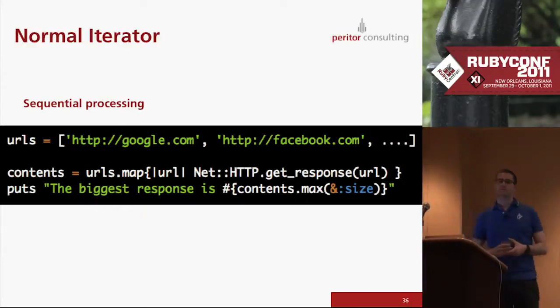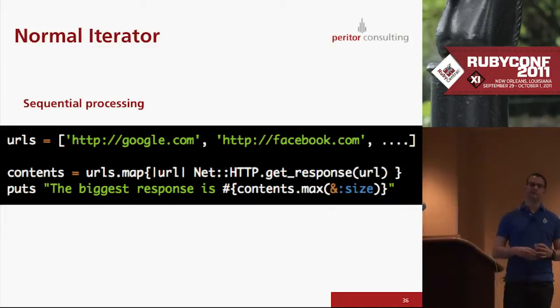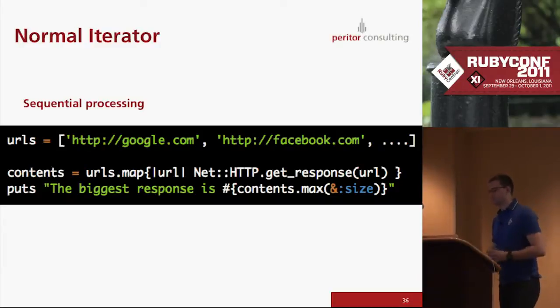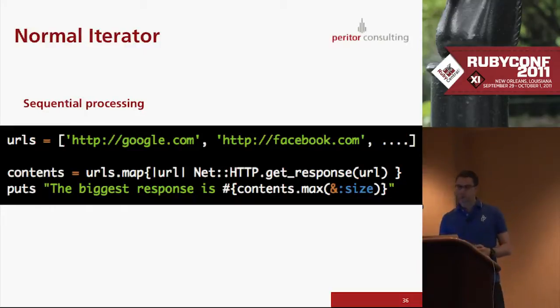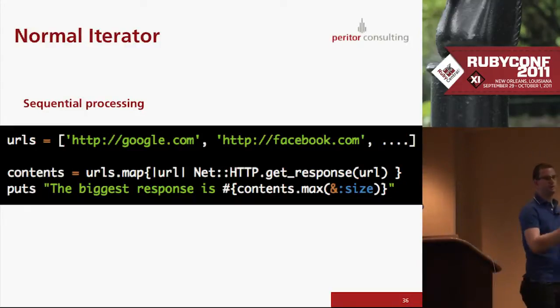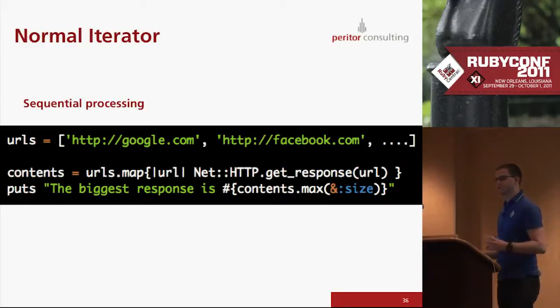For every URL, I load the page and I count the byte size of it, or the size of the string of the body. In a sequential implementation, I would have to call every URL sequentially, wait for it, and then at the end I could find out which is the biggest.